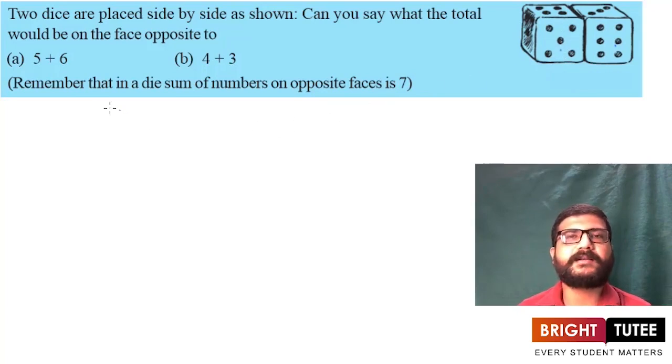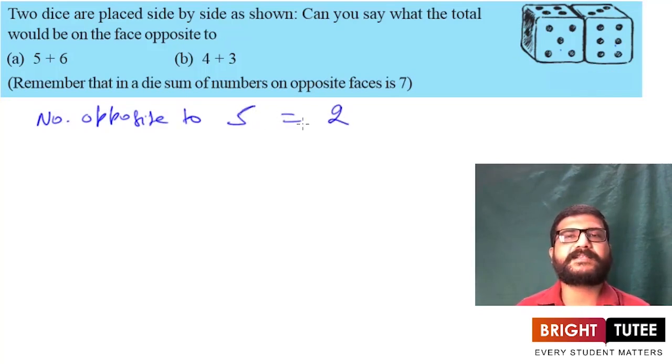So first let us find what is the number which is opposite to this 5. Number opposite to 5 will be 2 because the sum has to be 7. So that has to be 2 only.